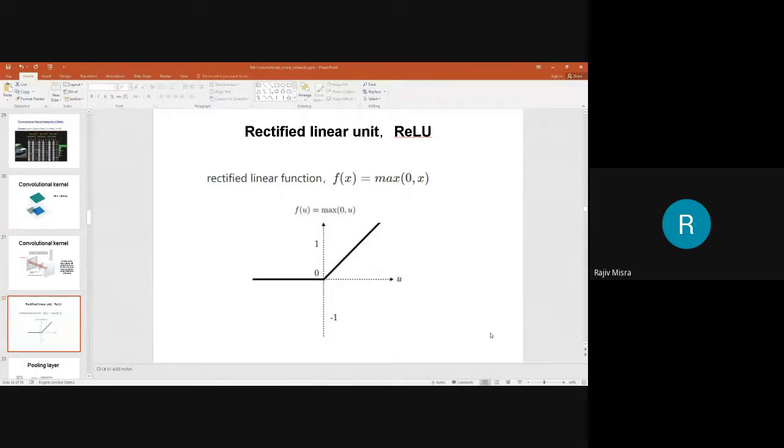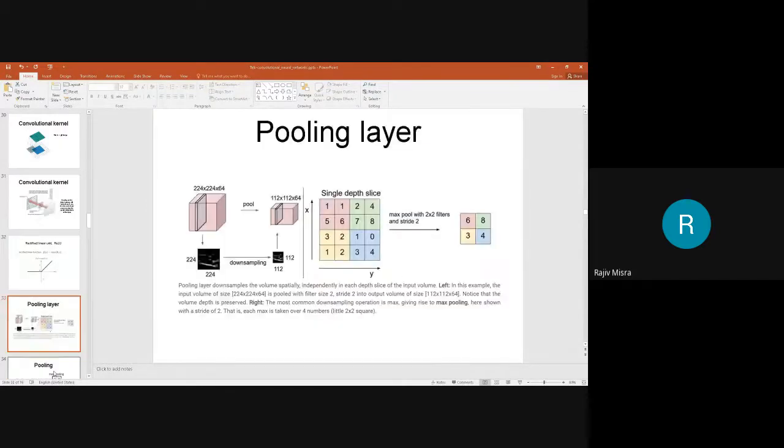Convolution and then activation together is called the convolutional layer. The rectified linear unit, ReLU, converts wherever negative values are there into 0, and the rest of the values remain. That is a widely used activation function. Other activation functions are also available.